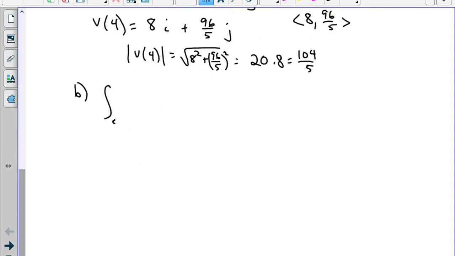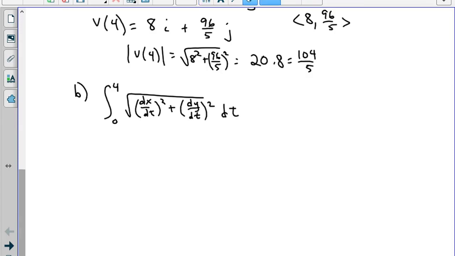So that's the integral from 0 to 4 of the square root of (dx/dt) squared plus (dy/dt) squared dt. So dx/dt was 2t, dy/dt was (6/5)t squared.